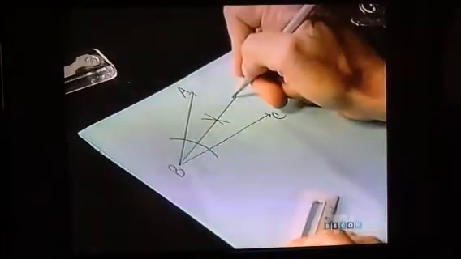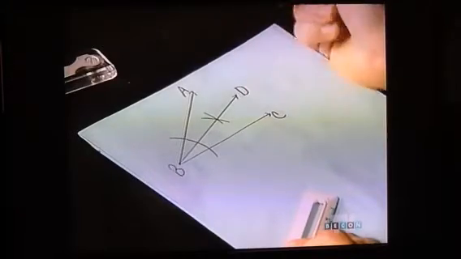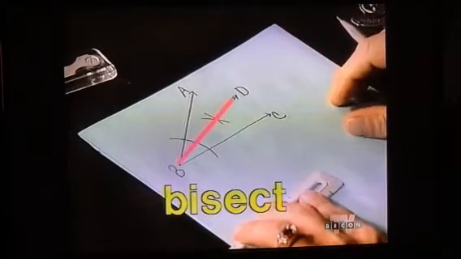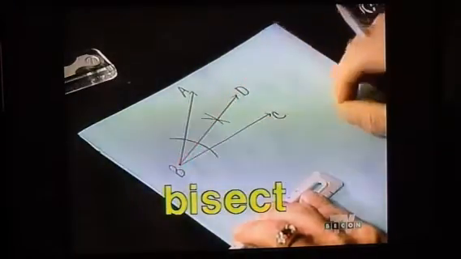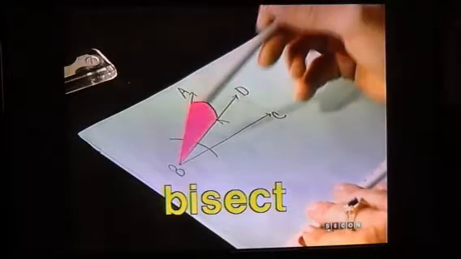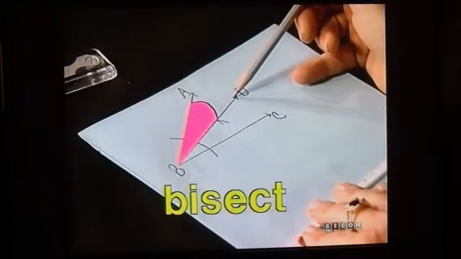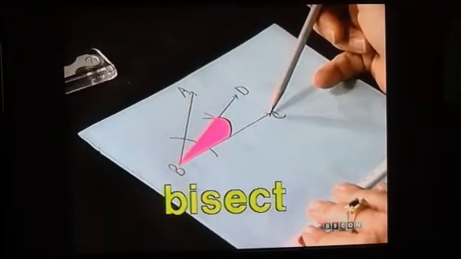Let's label this new ray D, ray BD. Congratulations, you just successfully bisected an angle. You have two angles of the same size. Angle ABD is the same size as angle DBC. Do you remember the term that was used in the last lesson that means the same size and shape?